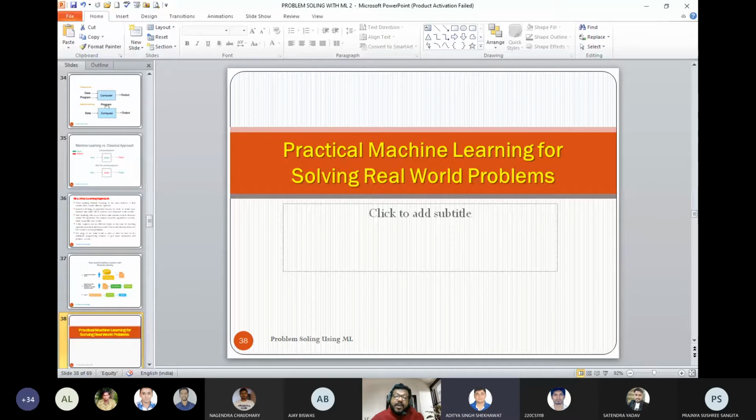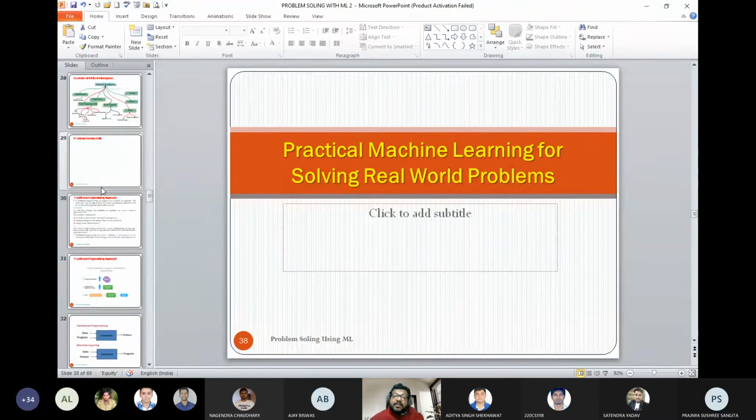NLP and machine learning are both broadly coming into one domain, AI. Yes, sir, so one can go for that.